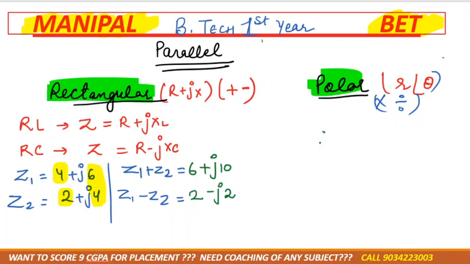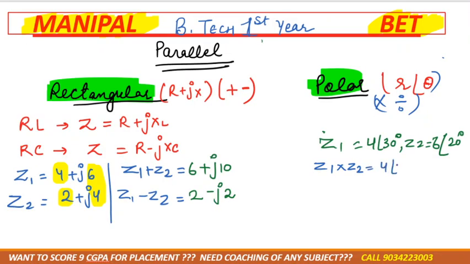Similarly we'll have polar form. Suppose Z1 is equal to 4 angle 30 degree and Z2 is equal to 6 angle 20 degree, and if you want to multiply, Z1 multiplied by Z2 is how much? That is 4 angle 30 multiplied by 6 angle 20, right?